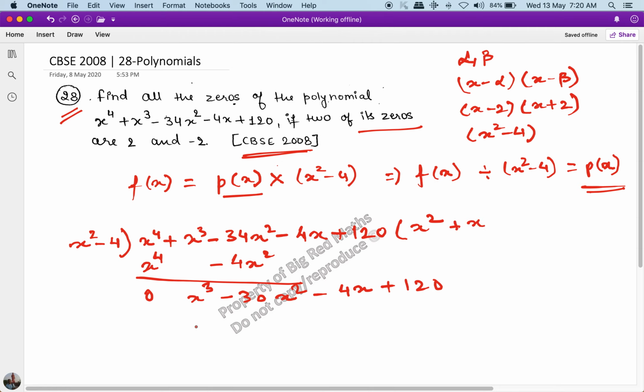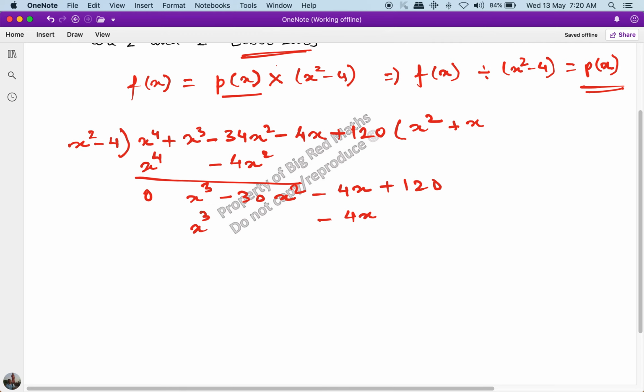When I multiply it, this becomes x cube, and this becomes minus 4x. Now let me subtract these two. This becomes 0 and this becomes 0. What I'm left with is minus 30x square plus 120.